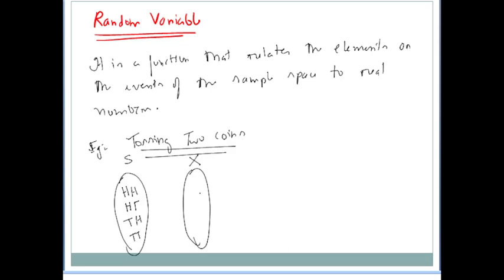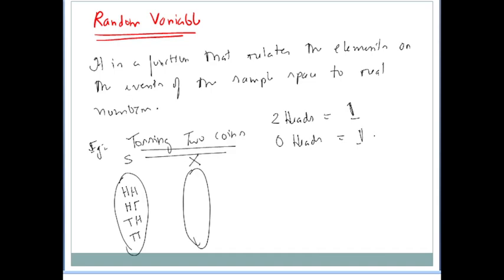Here the random variable is denoted by X. Let's say we are finding the probability of getting two heads. Here we have obtained two heads only once.